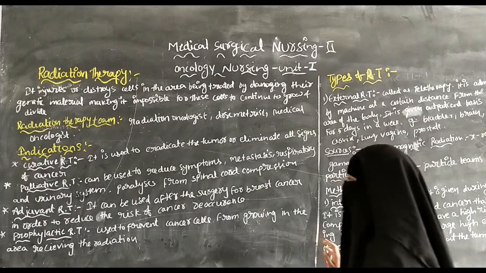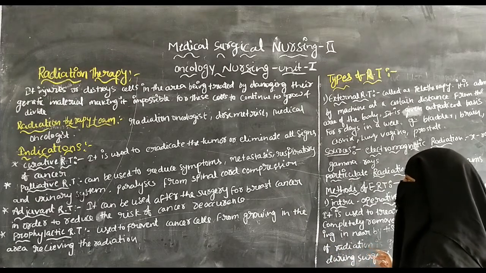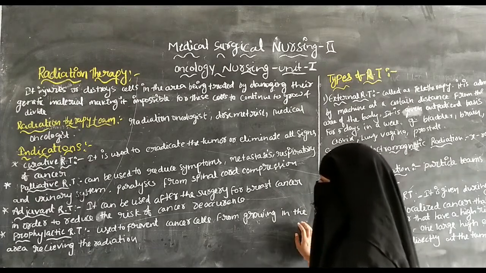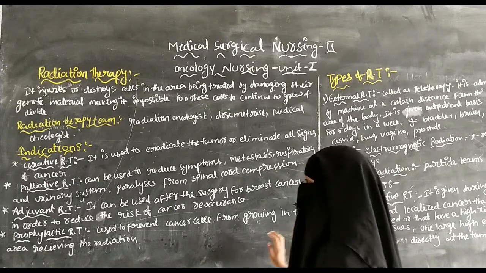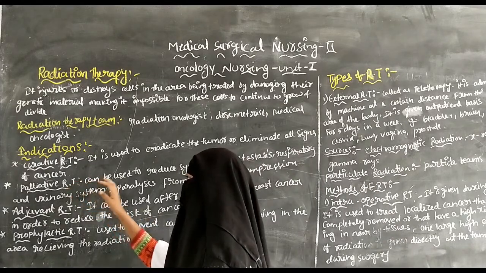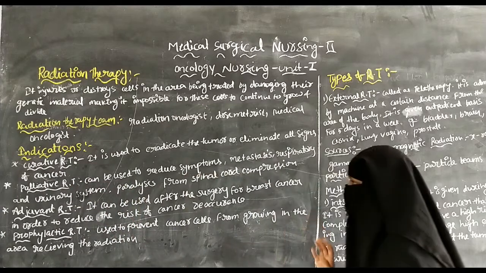It can be used to reduce symptoms and metastasis, and respiratory and urinary system paralysis from spinal cord compression. So palliative radiation therapy can be used to reduce the symptoms.